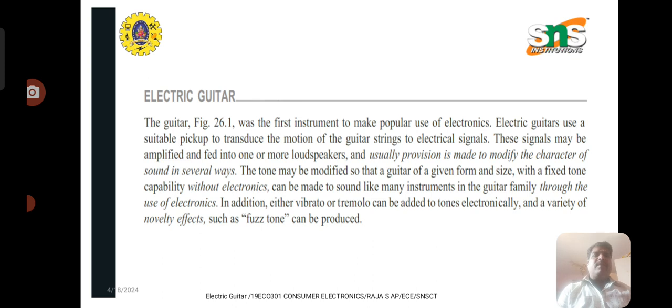The tone may be modified so that a guitar of a given form and size, with a fixed tone capability without electronics, can be made to sound like many instruments in the guitar family through the use of electronics. In addition, either vibrato or tremolo can be added to tones electronically, and a variety of novelty effects such as fuzz tone can be produced.